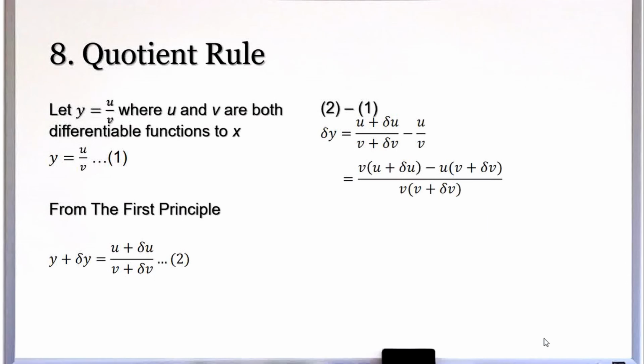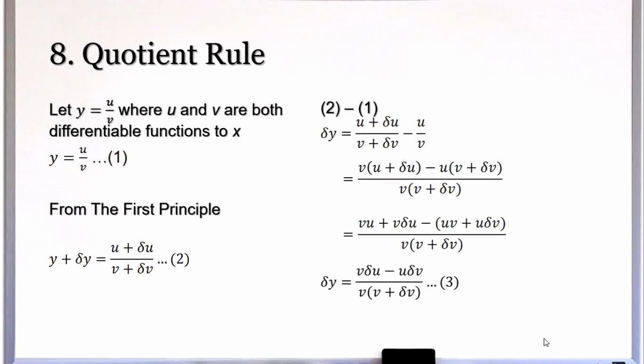And now we just expand the fraction. We multiply the v and u into the bracket. So we have vu plus v times delta u minus uv plus u times delta v over v bracket v plus delta v. We will now write delta y equal to v times delta u minus u times delta v over v times bracket v plus delta v as equation 3.